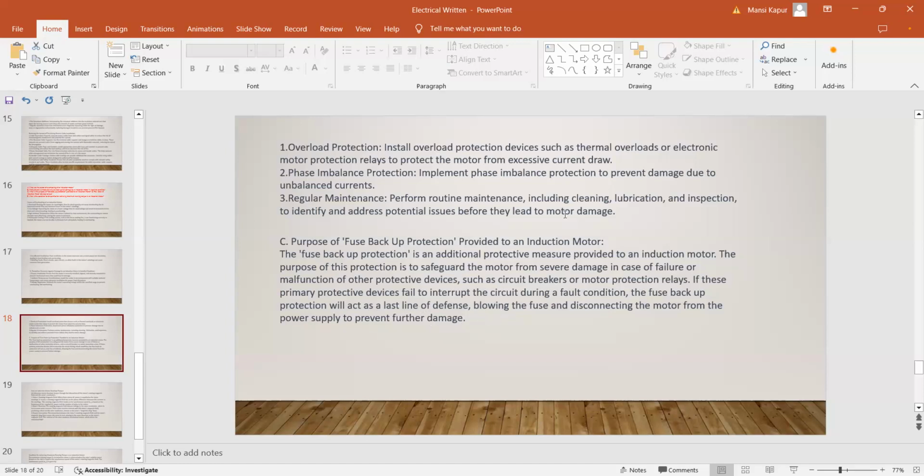Have you come across any situation till now where your fuses are gone for the motor? No, right? Why? Because these are the last line of protection. If something is wrong, your relay and your circuit breaker are going to trip. If they are not tripping, then your fuse is going to melt or blow.